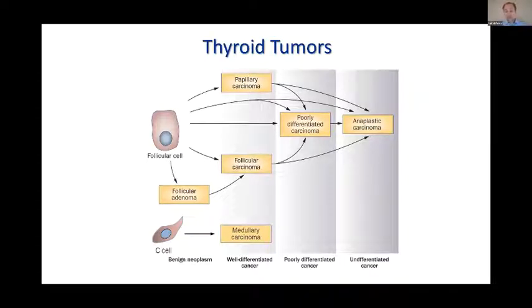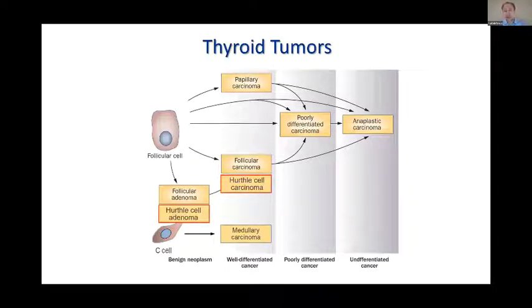And they're generally subdivided, if you're talking about cancers, into well-differentiated, which is papillary carcinoma, follicular carcinoma. More recently, Hurthle cell carcinoma was added, not as a variant of follicular carcinoma, but as a separate entity because it has distinct genetics, and we know that it represents a separate type of thyroid cancer. So these are well-differentiated cancers that we are going to discuss right now.